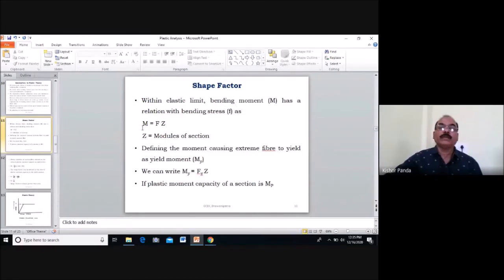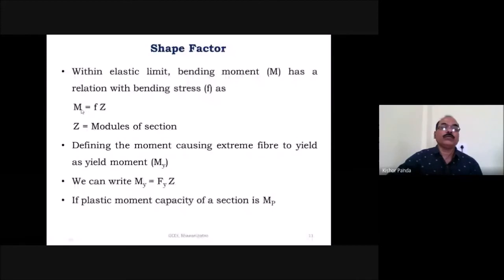The bending moment is equal to the bending stress into the section modulus. In the theory of pure bending, the bending moment is equal to the bending stress into the section modulus. Z is the modulus of section or section modulus.